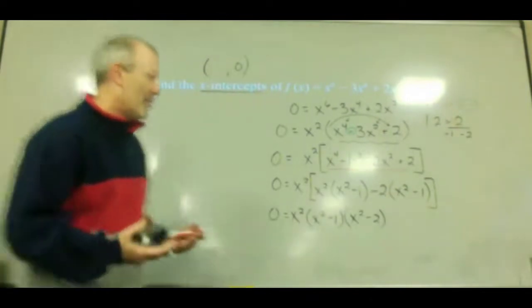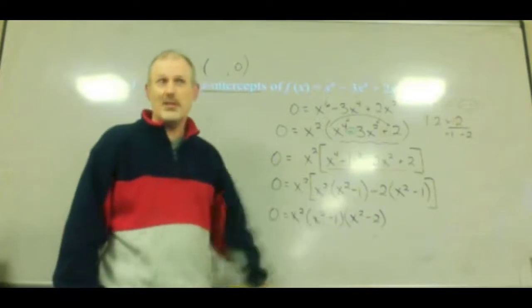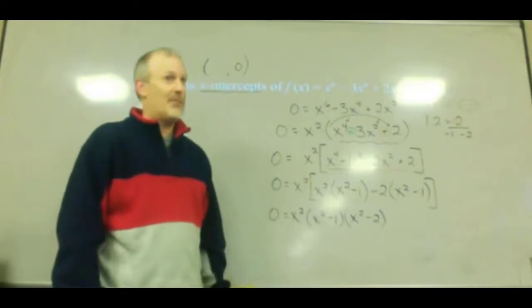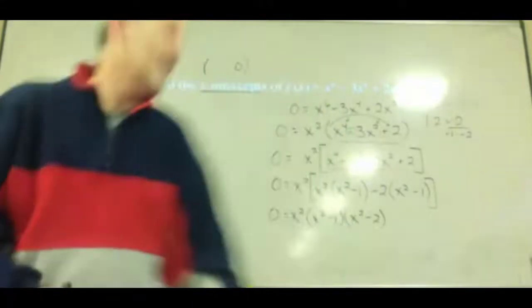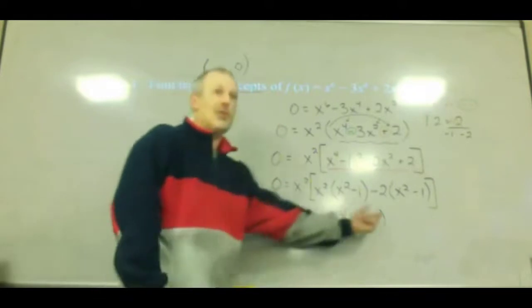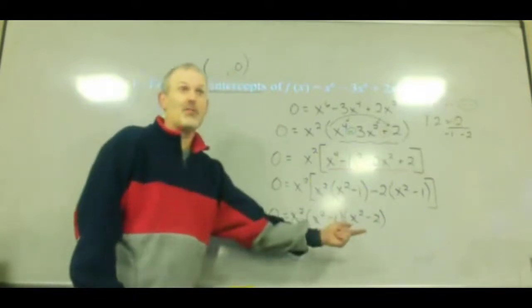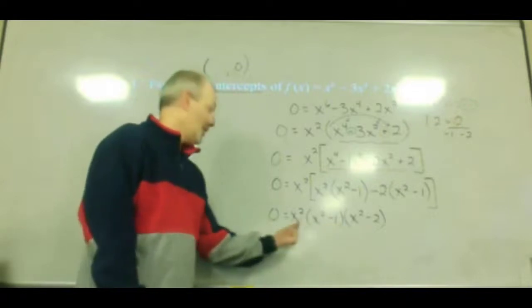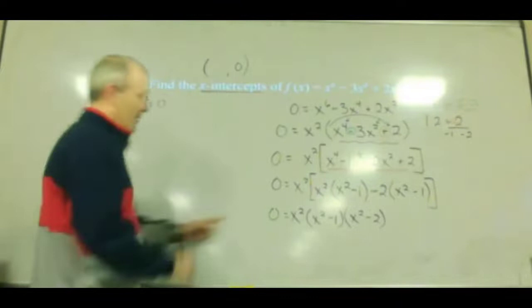So does anybody remember, now that it's factored, what we do with the factors? Not combine like terms. X squared equal to 0. Yeah, because, and again, remember this, if you've got things that are multiplied together and the answer is 0, one of them has to be a 0, right? So if x squared equals 0, that will make this true.